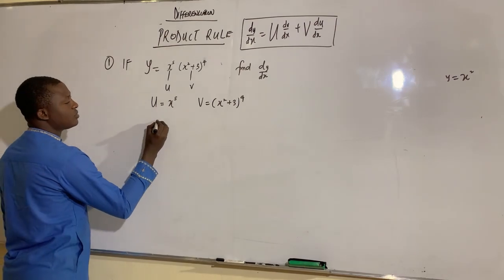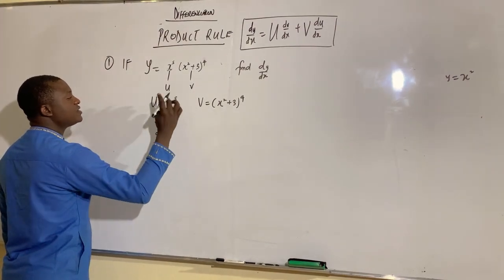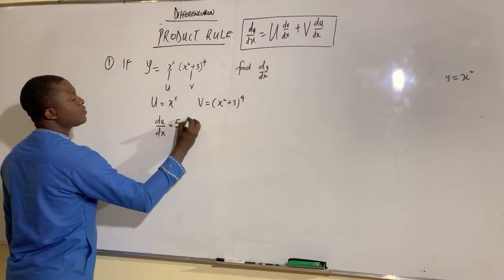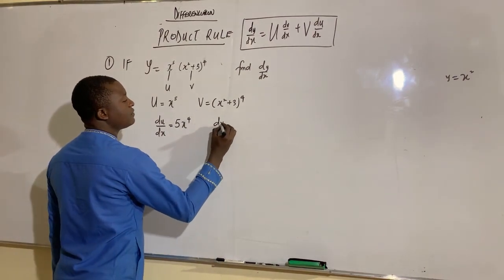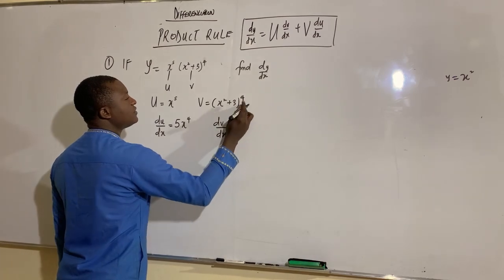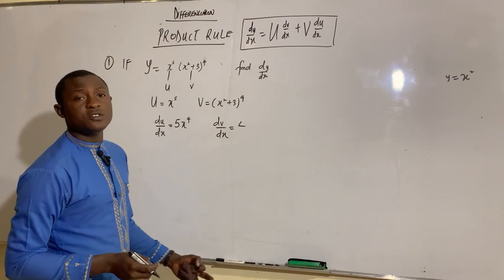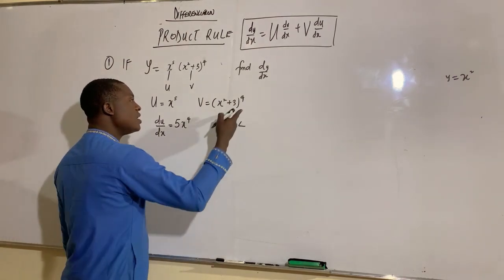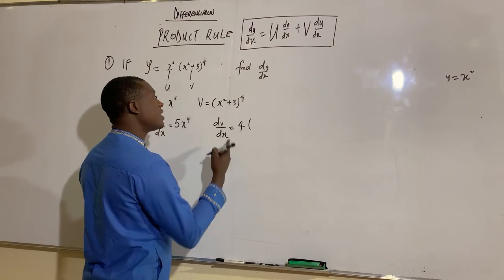So u in x, I will have du/dx. The differential of this, that's going to be 5x^4, right? So now v in x, and we have dv/dx is equal to the differential of this. I gave you the simple method of how you can solve this one. Function of function: the power comes forward, 4, then we differentiate what we have inside the bracket.